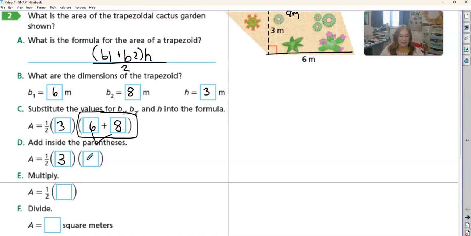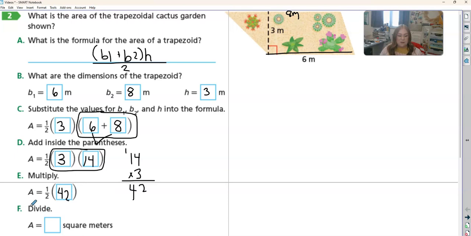So we added the parentheses to make 14. Now we need to multiply 3 times 14, the big base times the height. So go ahead and do 14 times 3. So there's 12, 3, 4 is 42.